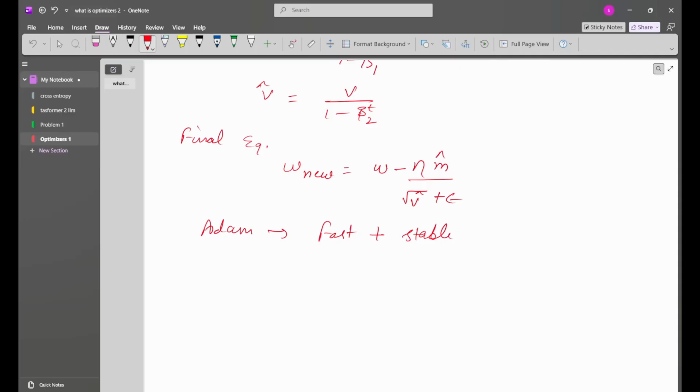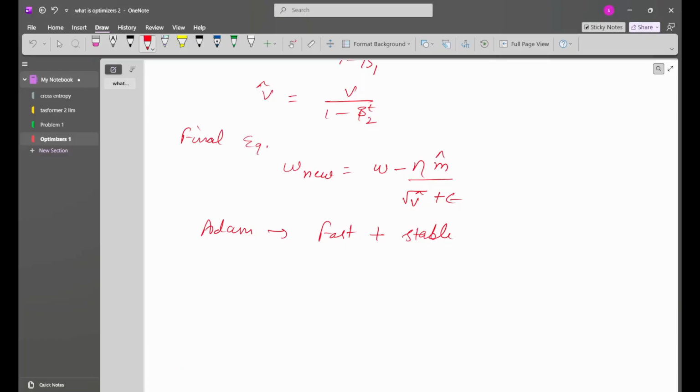So let's understand what is bias correction. Bias correction is used in the Adam optimizer. Adam keeps moving averages: the first moment, the mean of gradients, in m t, and the second moment, the mean of squared gradients.